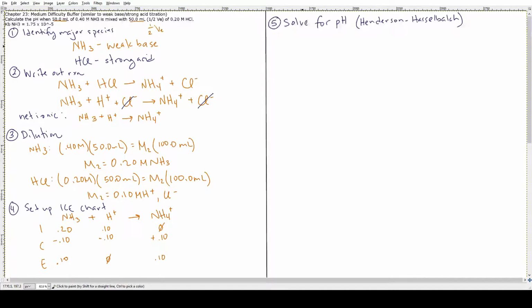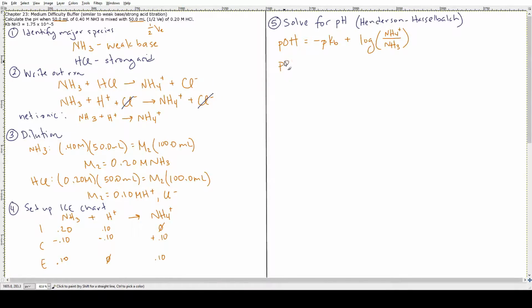In this situation, we are dealing with a base, so I'm going to write a pOH. This will be equal to the negative pKb plus the log of the base on the bottom, which is ammonia, and that base's ion on the top, which is ammonium.